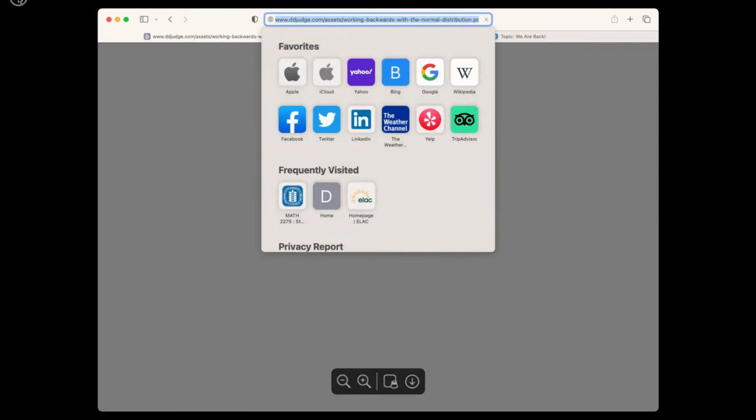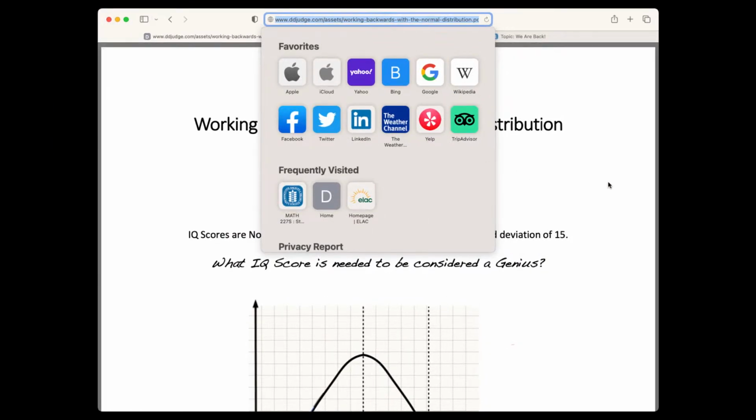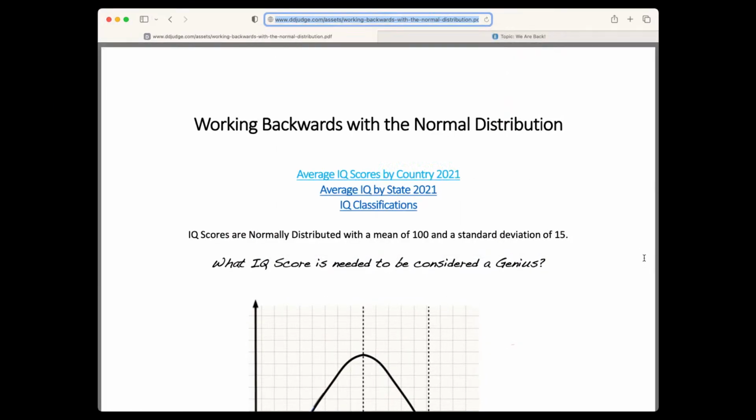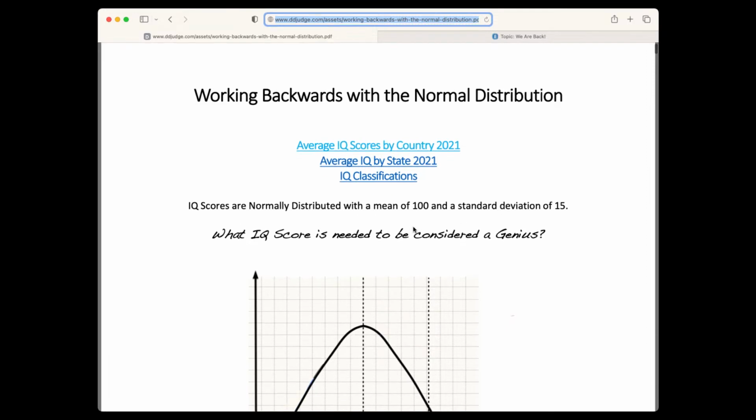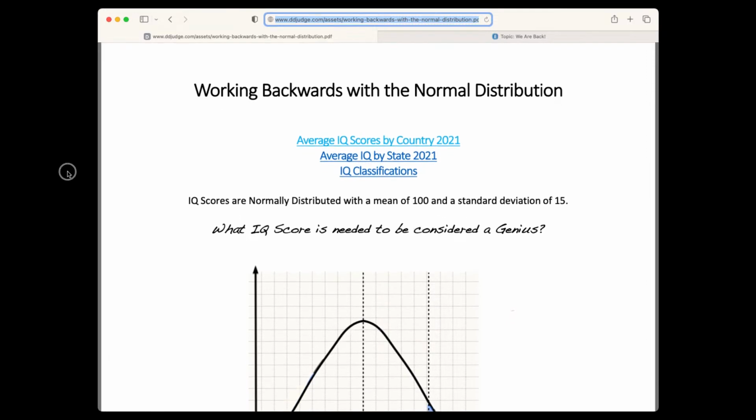This is working backwards. I'm going to start again with this IQ score, but working backwards.